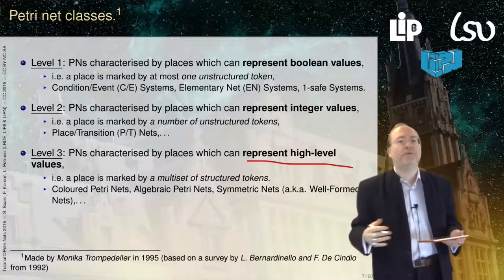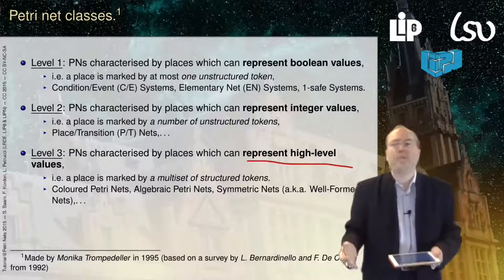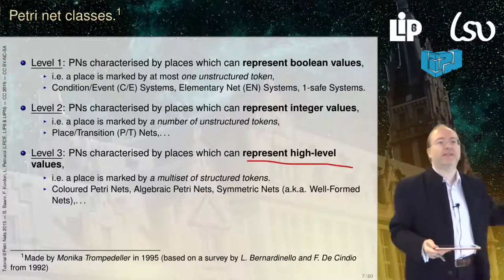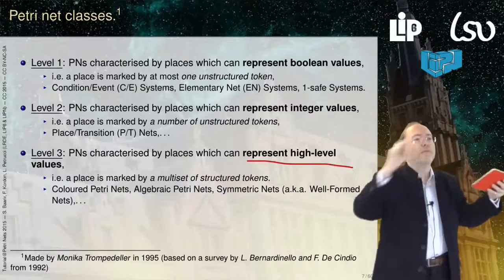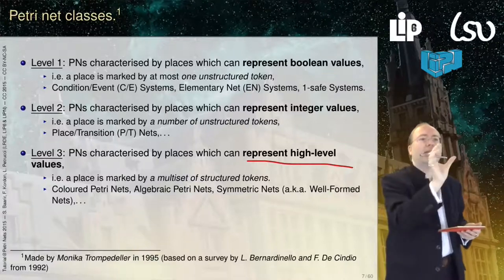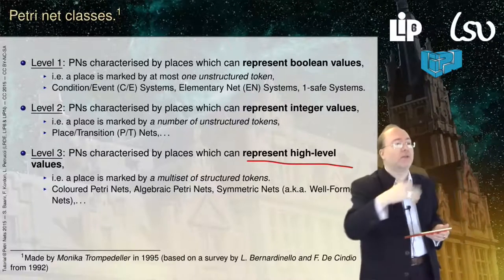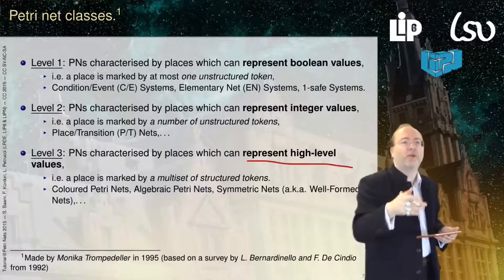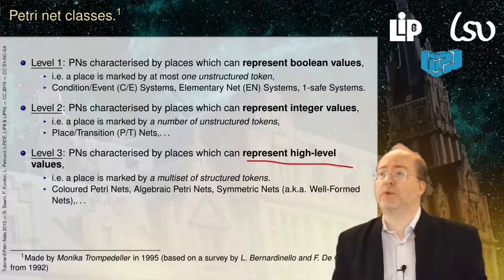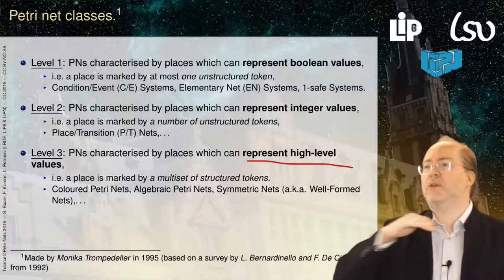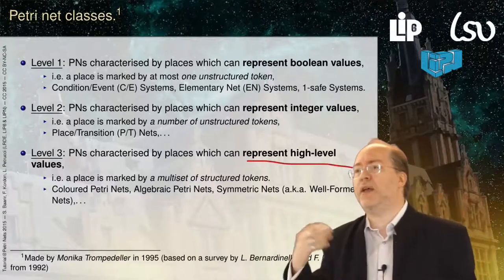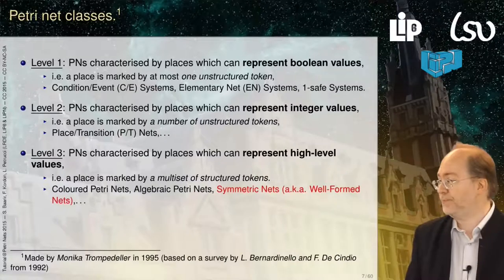For example, if you model a game where you have a given player, and the player has that many gold pieces, that many copper pieces, etc., you can have a composed token that holds together the identity of the player and the amount of gold pieces and copper pieces, whatever he carries with him. So it's much more comfortable. The semantics is exactly the same, but the specification is much more compact and much easier to read.